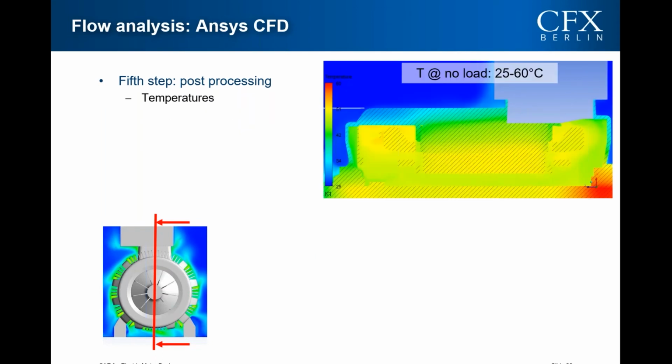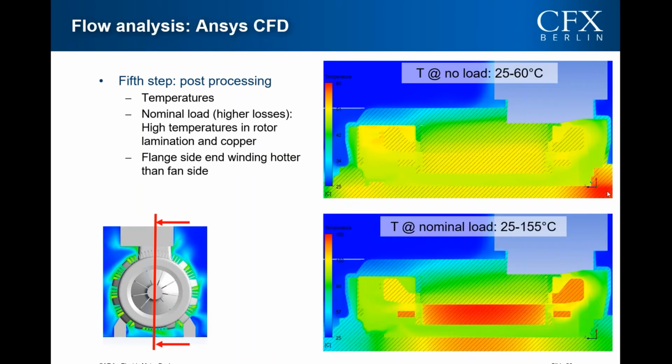Here you can see the temperatures of the inner air, the motor solids, and the outer air. In a no-load condition, the temperature level is quite low. The hottest part is the bearing on the right side with about 60 degrees Celsius. In case of nominal load with higher losses, especially in the rotor copper, we get much higher temperatures.